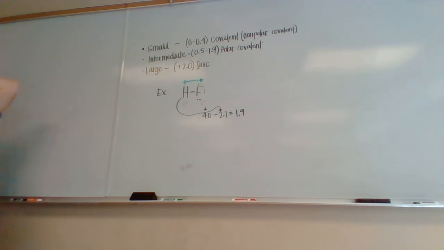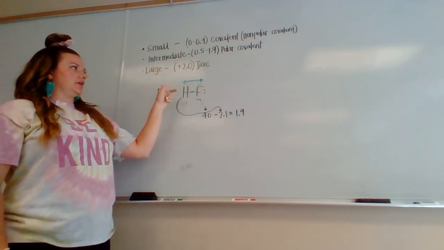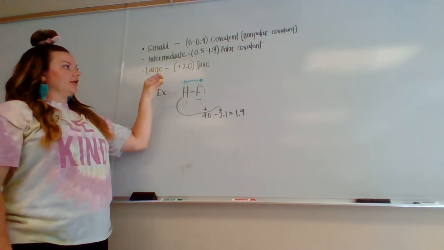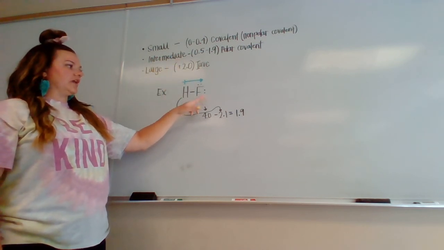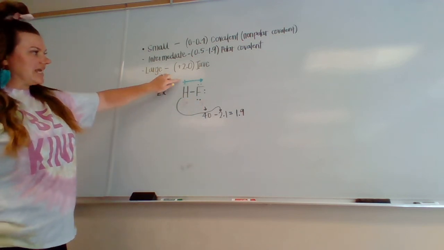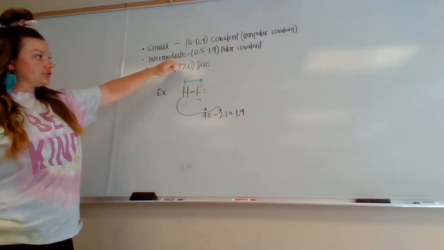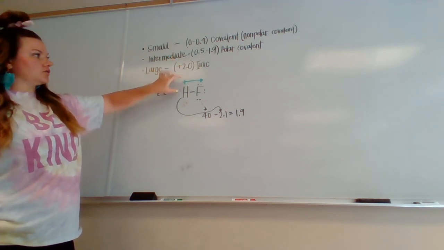Another way to show whether a bond is polar is to use this little arrow here. The head of the arrow points toward the pole that is negative. The tail, I've drawn a line through so it looks like a plus, so that's on the positive pole side.